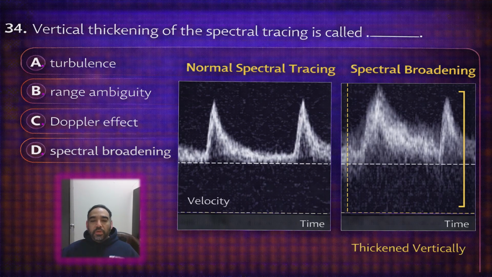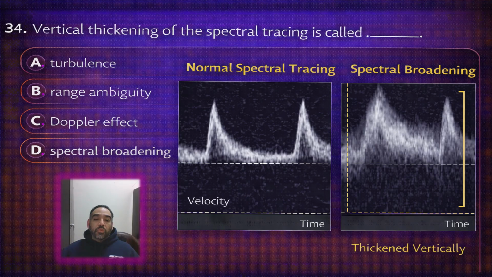The next one, B, says range ambiguity. Range ambiguity occurs in pulse Doppler. It happens when PRF is too high for the depth, and this causes incorrect depth assignment. It does not describe waveform thickening. And the last one is C, Doppler effect. We know this, the Doppler effect is the phenomenon of frequency change due to motion.